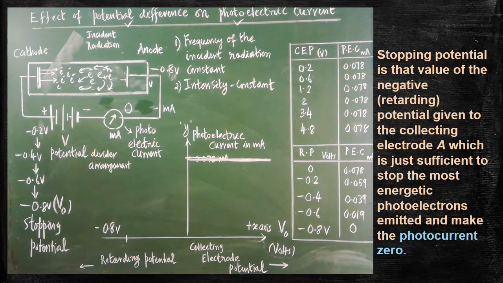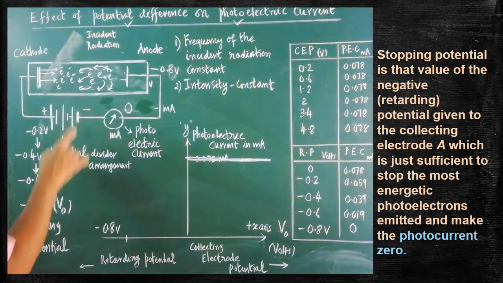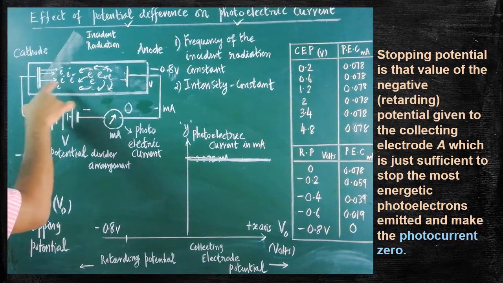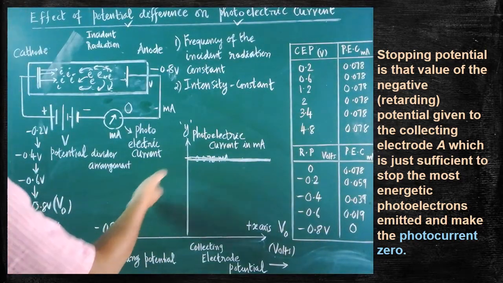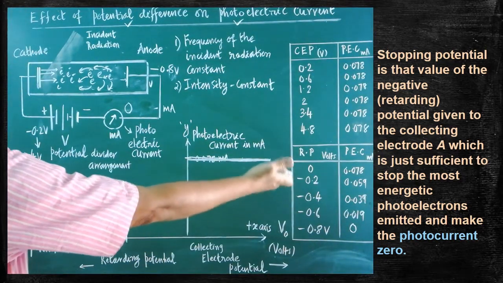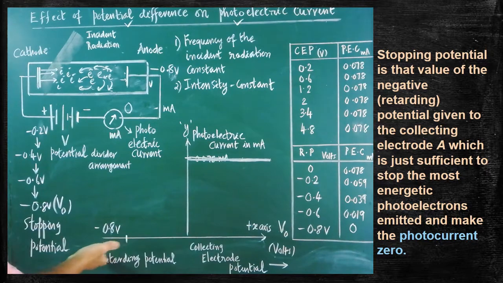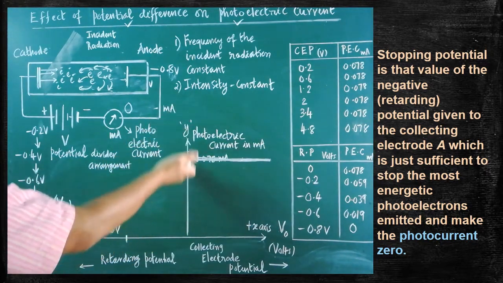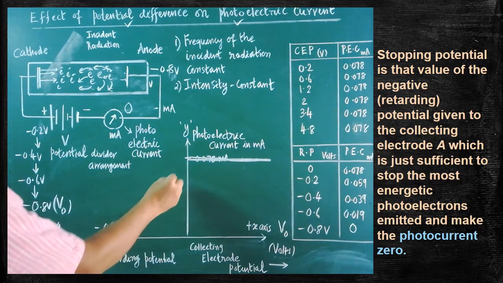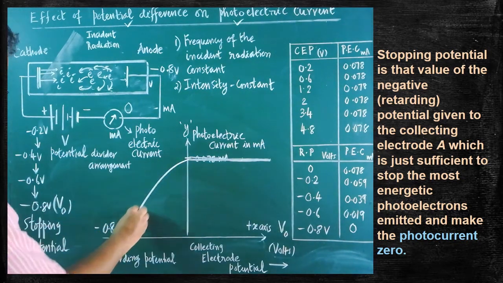Here I am going to tell you one important thing. The electrons traveling towards the anode will have high kinetic energy. If retarding potential is taken on the negative x-axis and photoelectric current on the y-axis, and you plot again, the graph will reach like this.